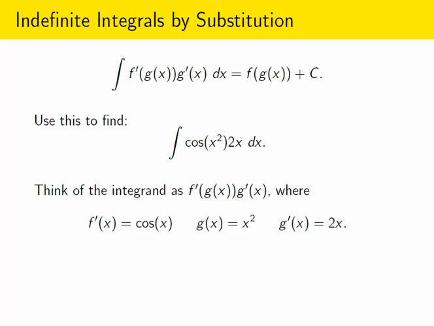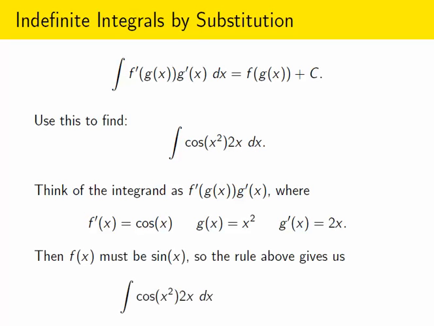And since f prime is cosine, we can use sine as its antiderivative. And then if we look at the formula, how do we take the antiderivative when we've written things as f prime of g of x times g prime of x? Well, we just need f as the outside function of g. So that's sine of x squared. And then, of course, we want our plus c.